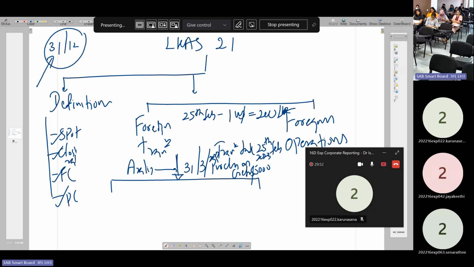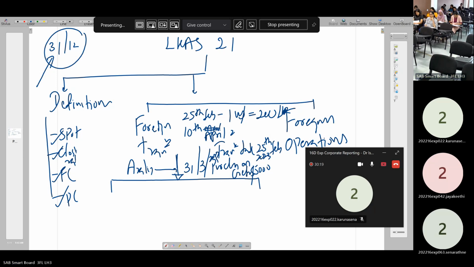Let's say settlement after the reporting date. Settlement will be, let's say, the transaction is on 25th February and the payment on 10th of April. Sorry, 10th of April, this 5,000 will be paid.